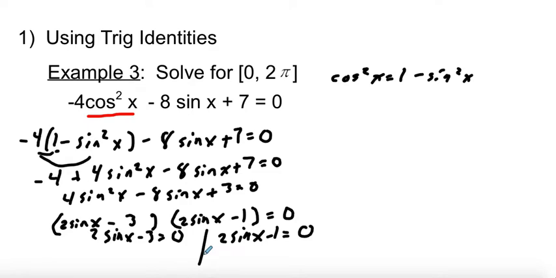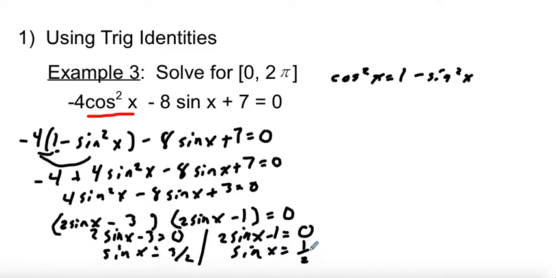So solving the left one here, we get sine x, I can add 3 and divide by 2. I get the sine of x equals 3 halves. Over here I can add 1 and divide by 2.